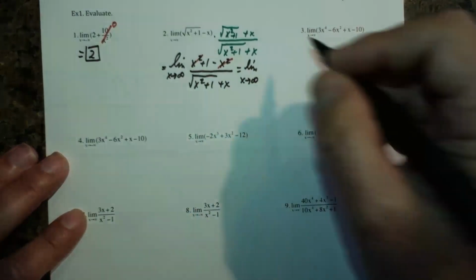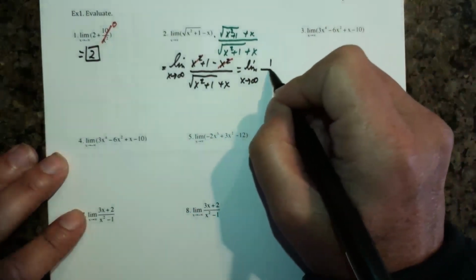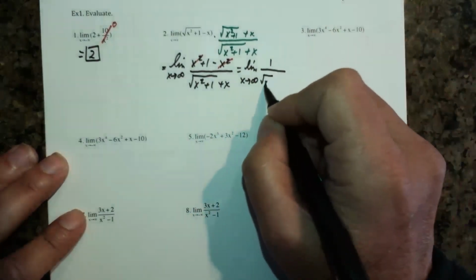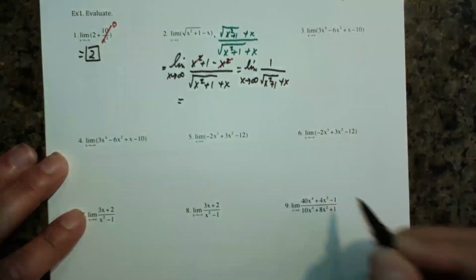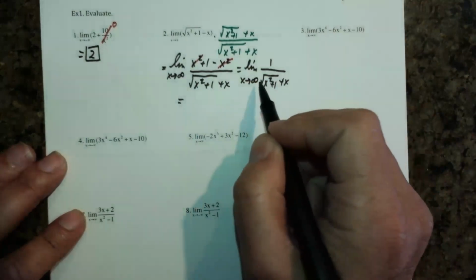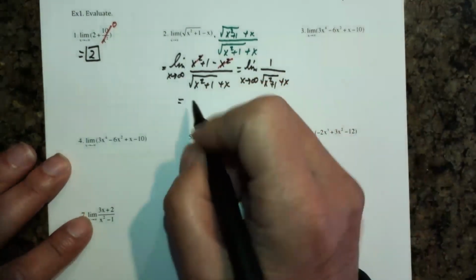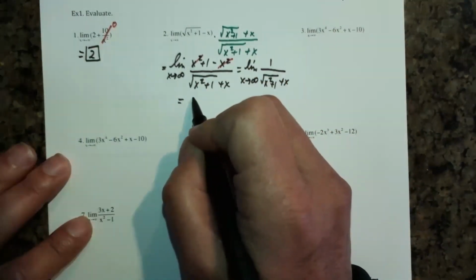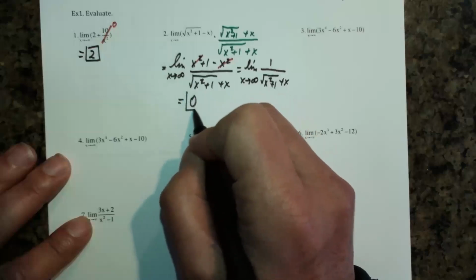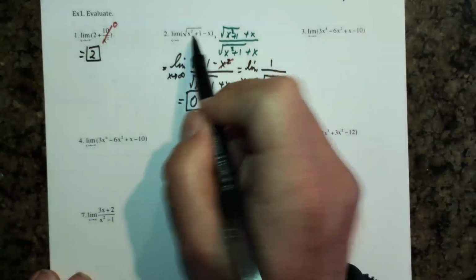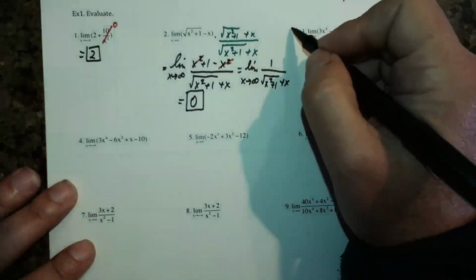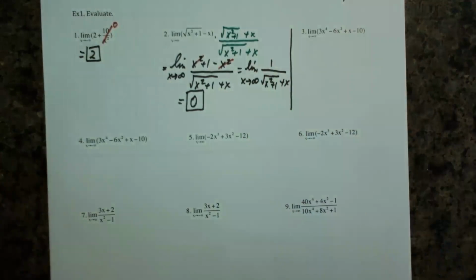Again, math teachers get really weird about students not doing that. And you'll notice this denominator for sure is going off to infinity, which means the entire thing goes to 0. So the limit for this one is 0. So in a sense, they do kind of cancel one another out.